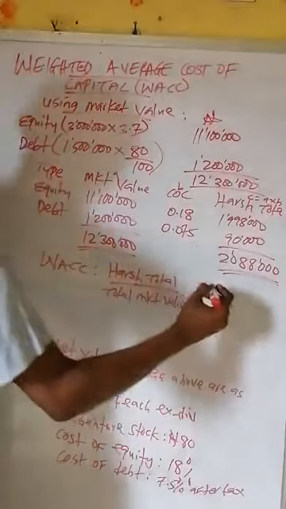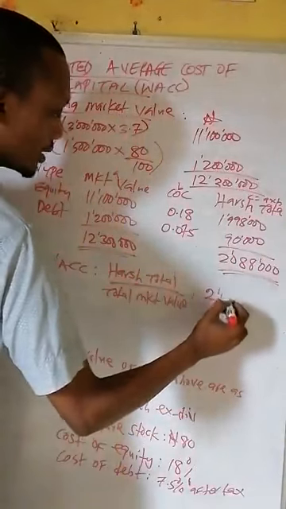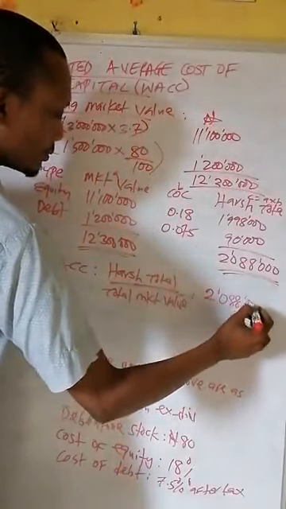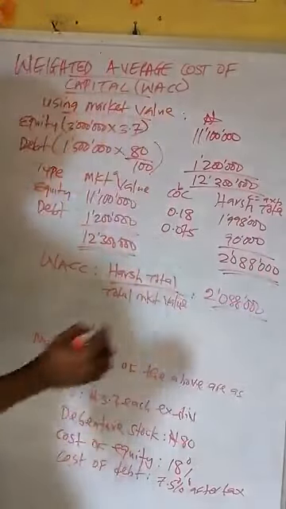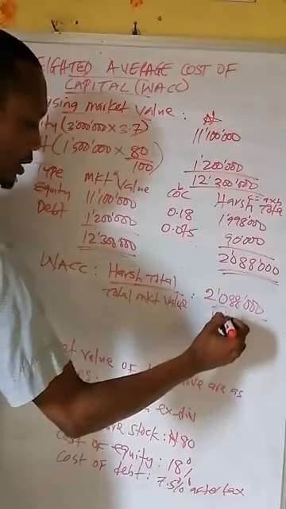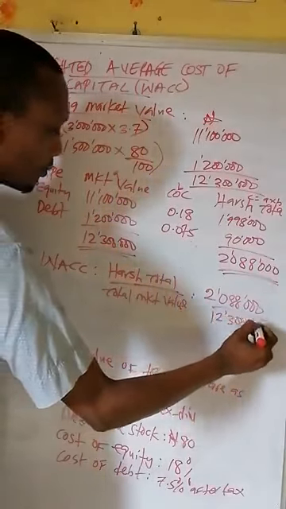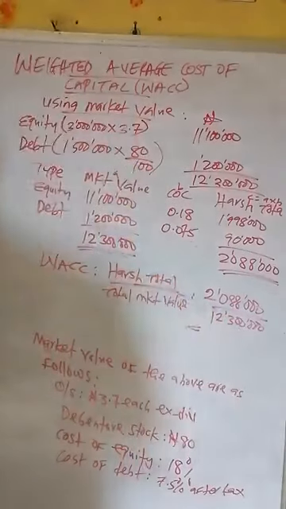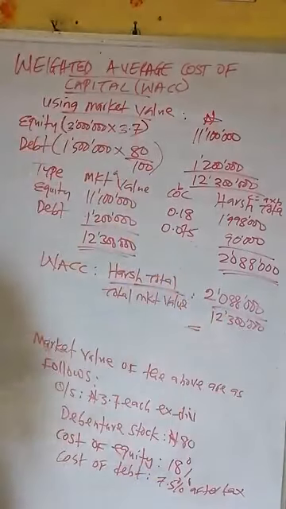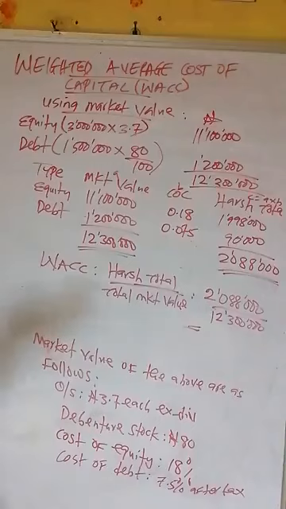So it is equal to 2,088,000 all over 12,300,000. What do you have there?